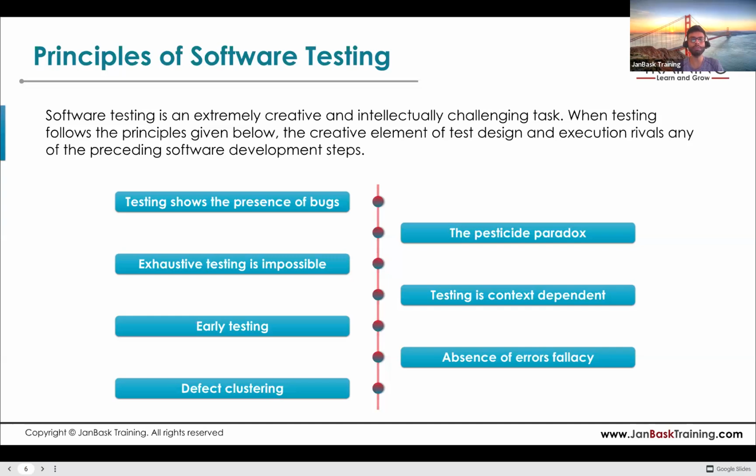But that shows the absence of error fallacy: while you are giving the application for deployment, or giving it to the users for their acceptance testing, it might seem to you that the application is bug free, but due to certain scenarios, due to some error in the requirement itself, the bug might be there in the application, which is not visible at that point of time. So that is called absence of error fallacy.